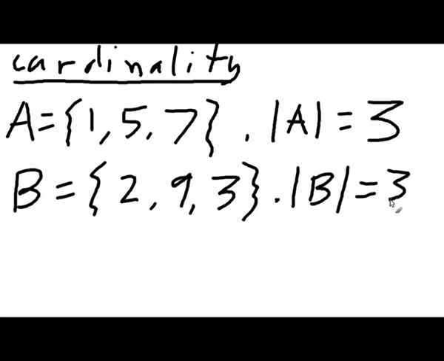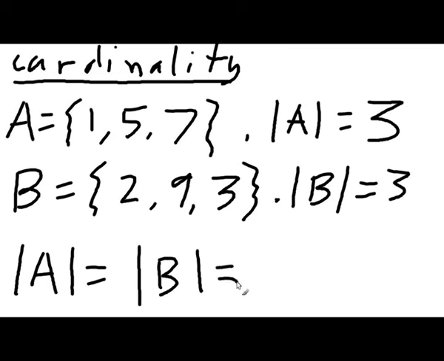So we can just compare the cardinalities of the sets A and B after we have written it down here. In this case both are 3, and we say that the sets A and B have the same cardinality, right? So the cardinality of set A equals cardinality of set B equals 3. So that's the usual way of comparing cardinalities.